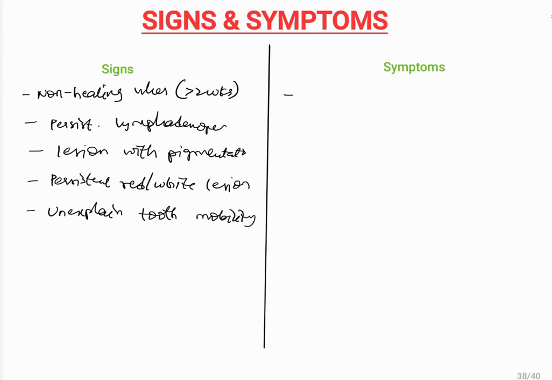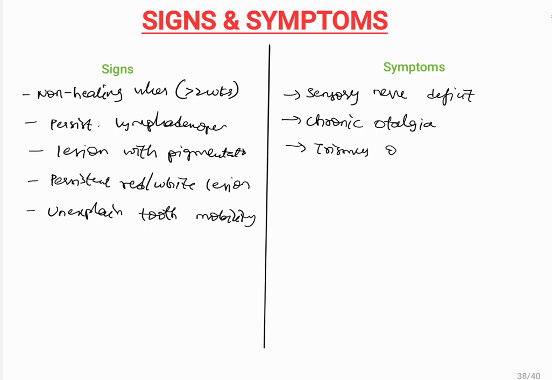whereas the symptoms include any sensory nerve deficit. It is seen when the tumor involves the nerve layers. Chronic otalgia, which means ear pain. Trismus of unknown etiology.